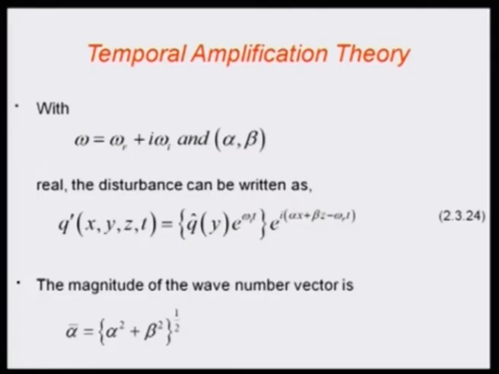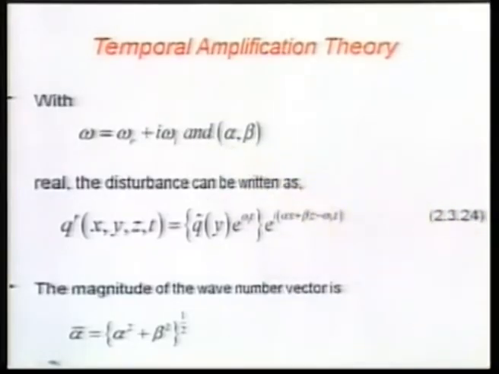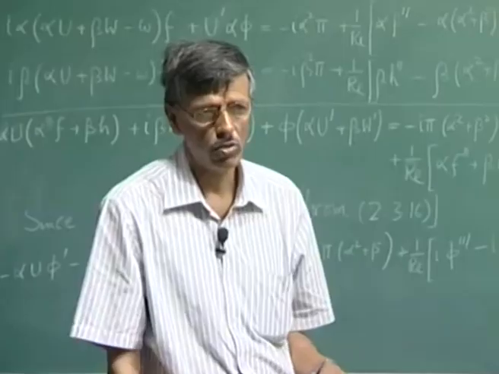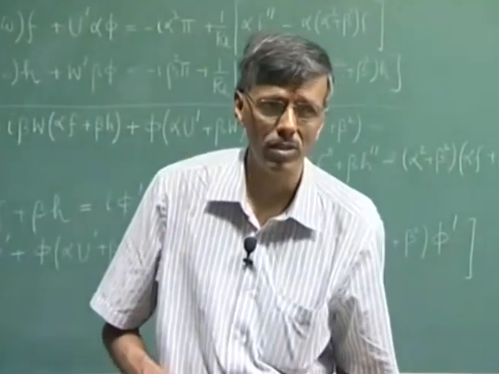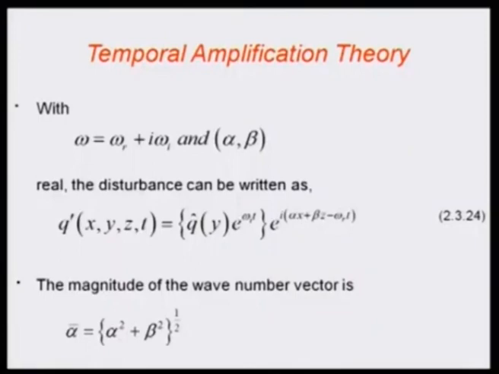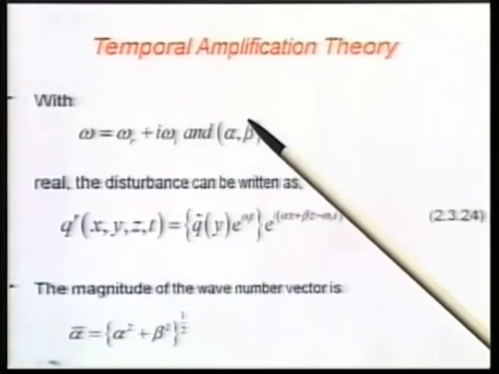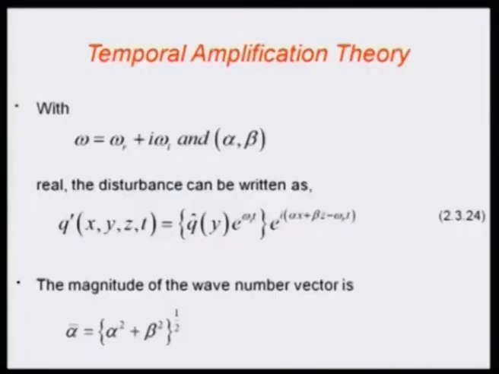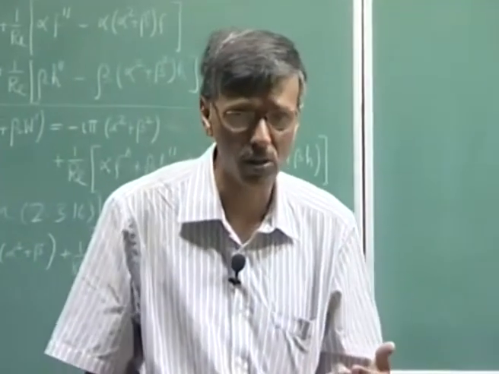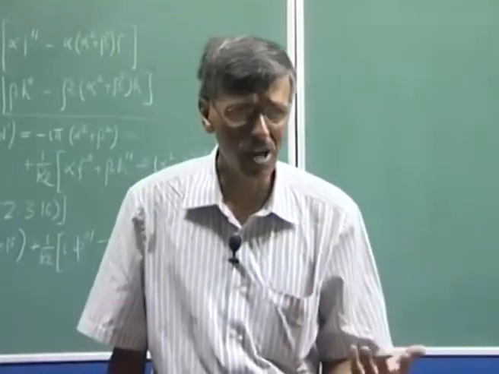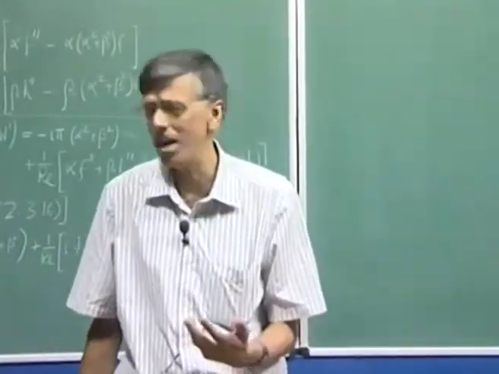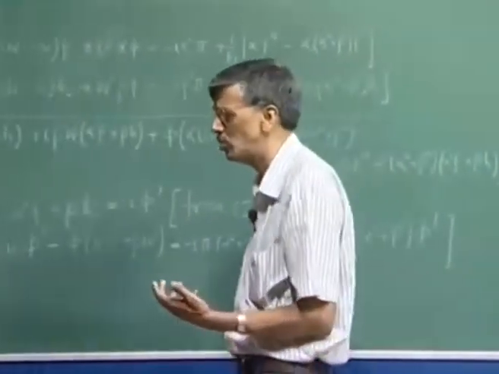That is a euphemism for basically considering omega as complex. Here omega will be complex, and the real part will determine the phase, and the imaginary part, depending on sign, will tell you whether the disturbances are growing with time or decaying with time, right. That is what we want to do.